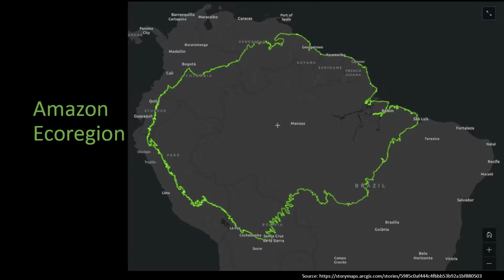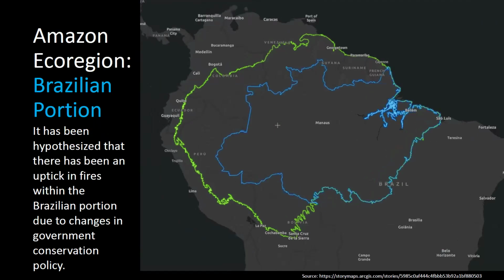So we know this is where the big forests are, all the important rainforest areas. This is the Brazilian portion, which is the blue part on the inside. This is all taken from a story map in ArcGIS if you want to look it up. So there has been an uptick in fires, okay, based on a change in the conservation policy. This is where policies tie into ecology.